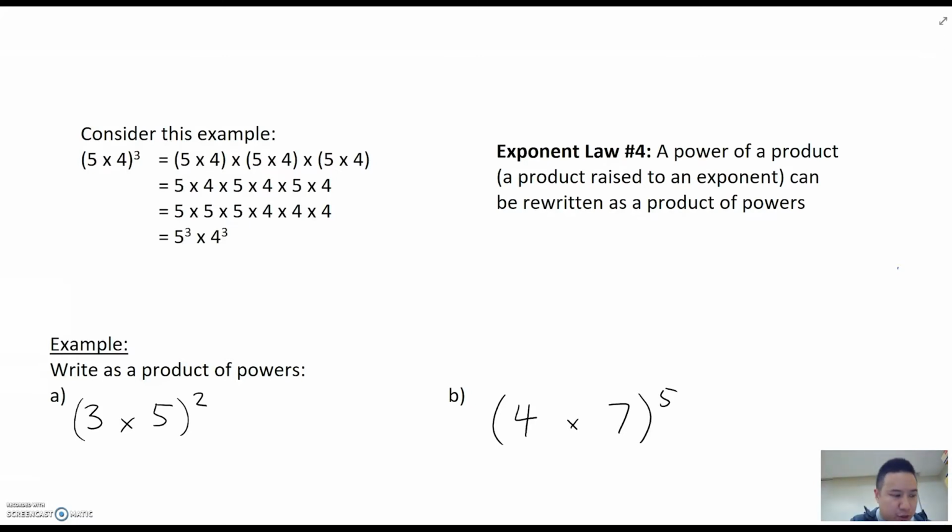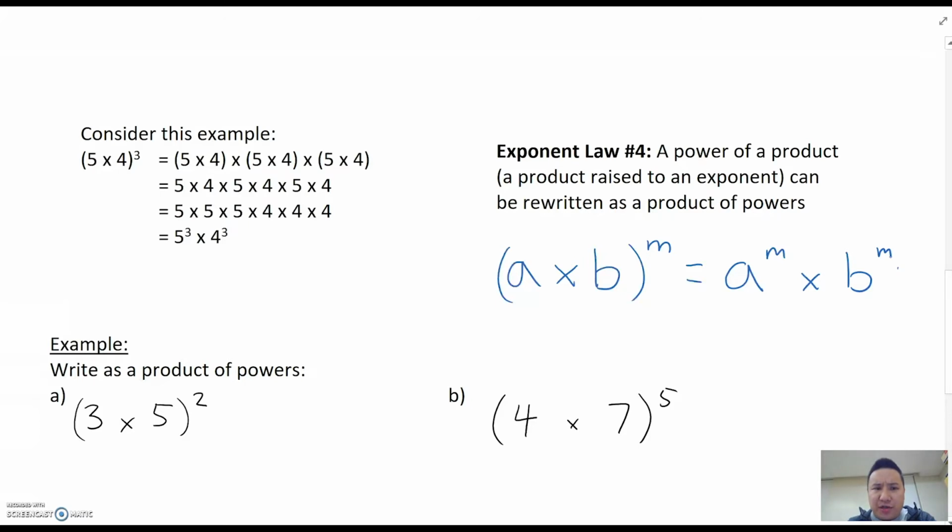So in general terms, it's going to look like this. If I had something times something, so A times B, and this whole thing was being raised to the power of m, I'm going to end up with A to the power of m times B to the power of m.